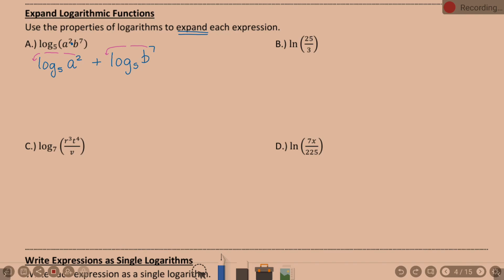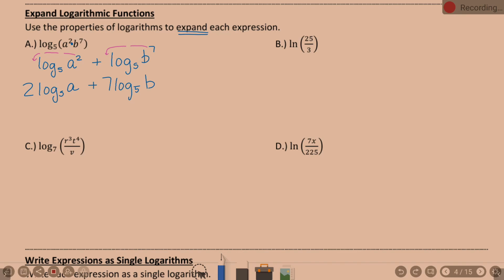And so we're going to end up with 2 log base 5 plus 7 log base 5. Except you're forgetting the A and the B. Oh, shoot. Okay, so move the 2 out front, and it's 2 log base 5 of A, plus move the 7 out front, and it's 7 log base 5 of B.